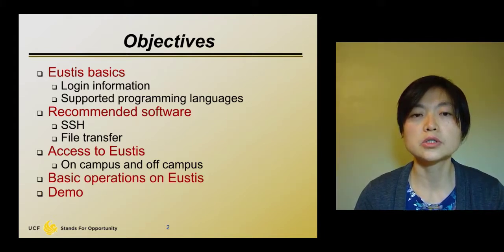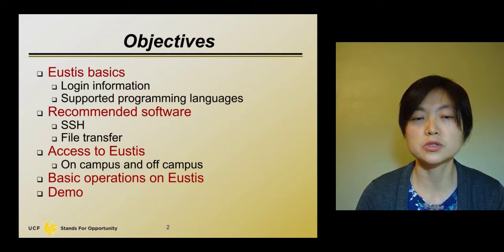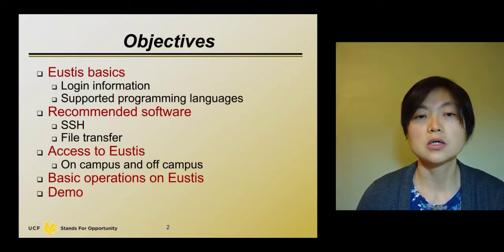On Eustis server, a lot of programming languages are supported, including the languages we mentioned in this course, including C, C++, and Java. To do programming on Eustis, you can start an editor to write code, then compile, and eventually run it.